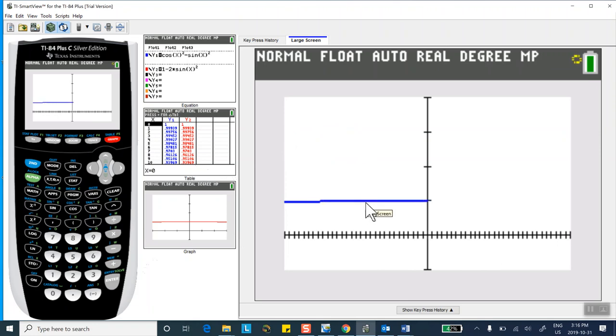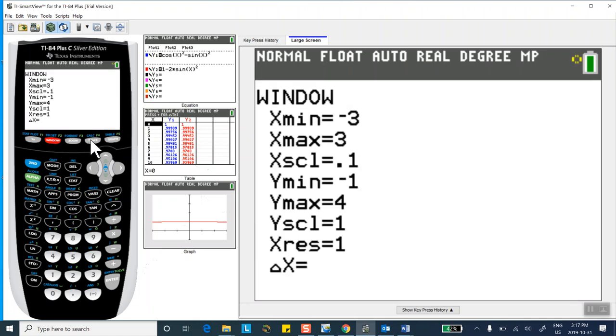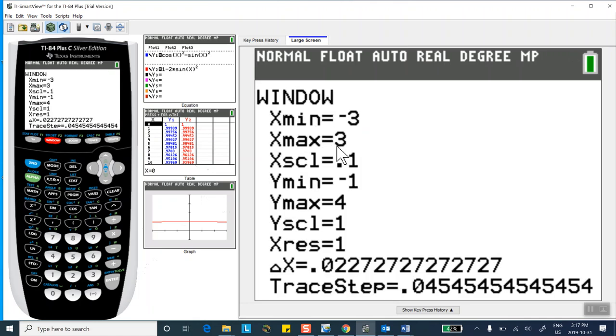This doesn't look right. Let me change my window size again. Default, what is the default value? Minus 10 to 10.